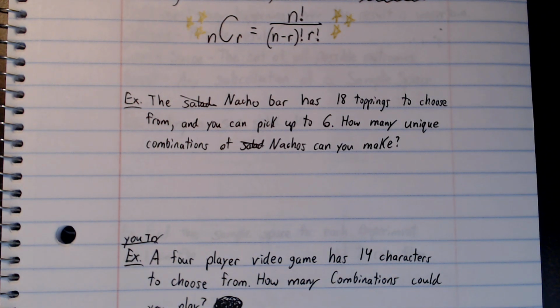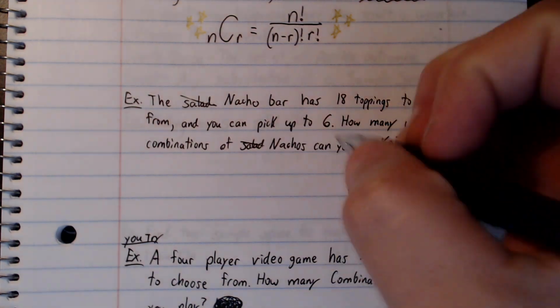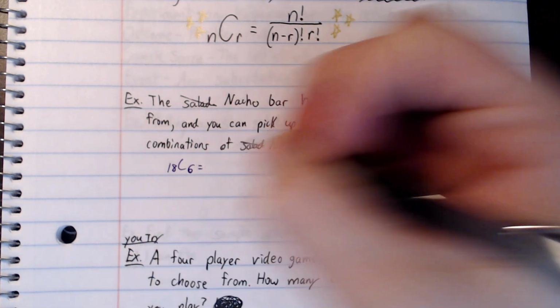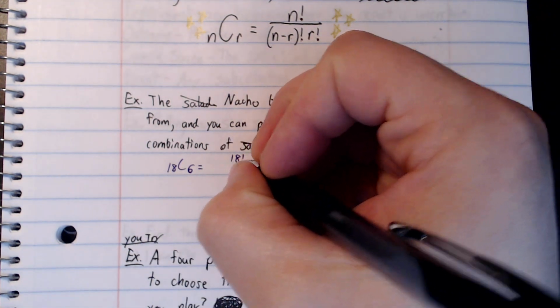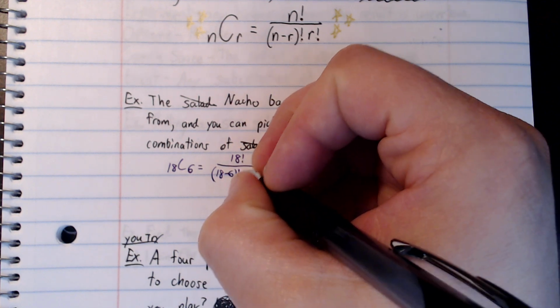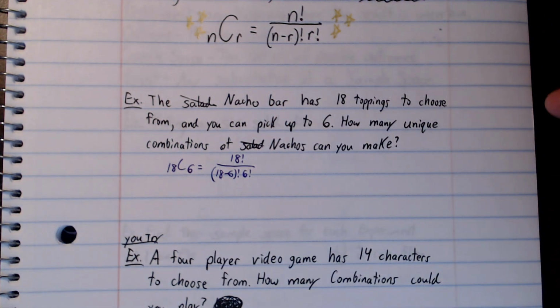So again, order doesn't matter here. We can throw on whatever first, whatever second, it really doesn't matter. But we have 18 and we're choosing 6. So we're going to do 18 factorial over 18 minus 6 factorial and 6 factorial.